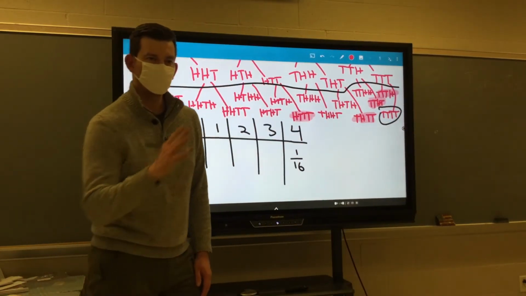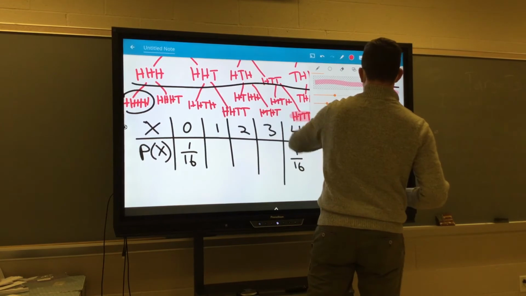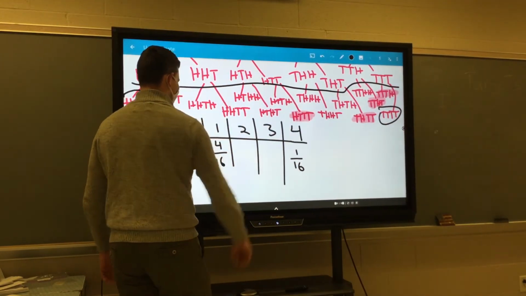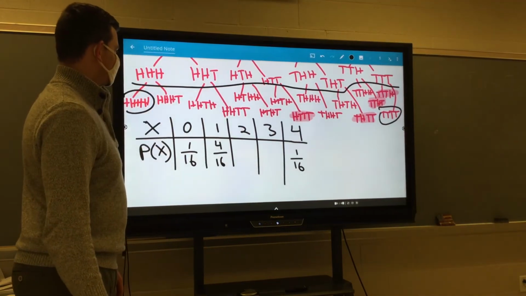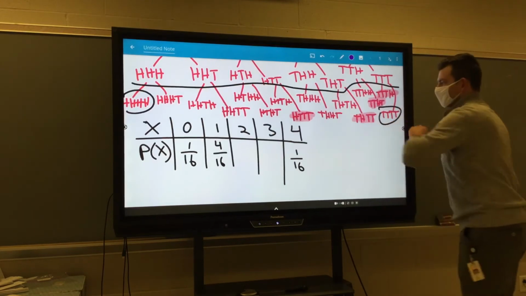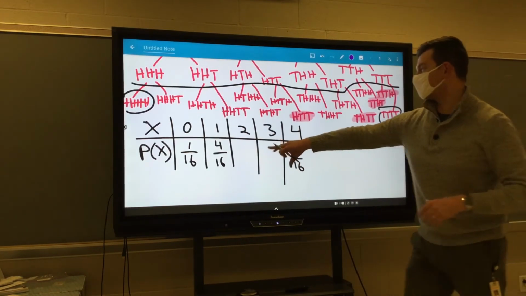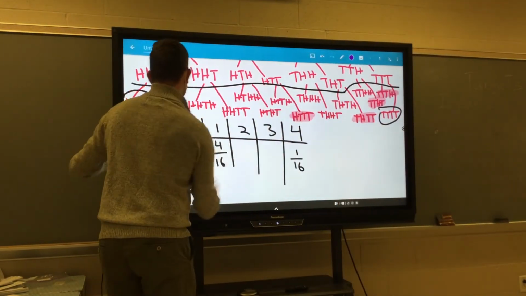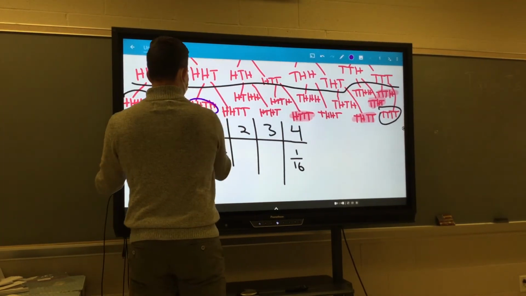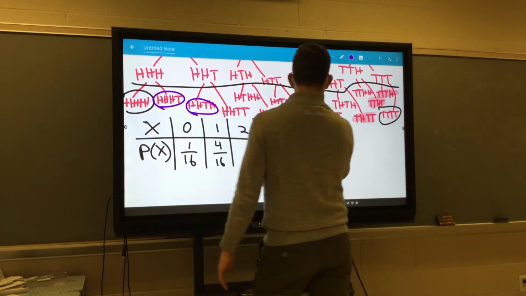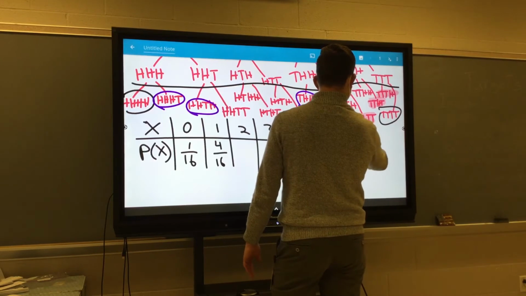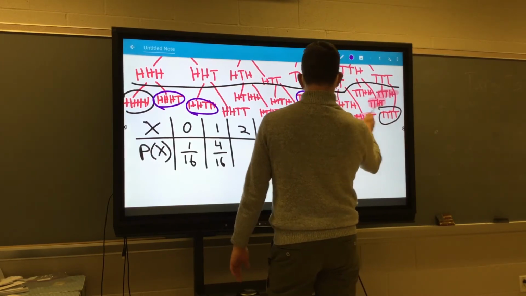There are 4 of those 16 outcomes that constitute one head. Similarly, we could do the same thing for 3 heads. 3 heads would mean 1 tail. So this one, this one, this one, and where is it?